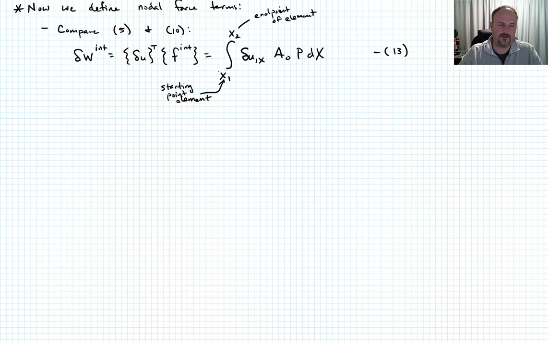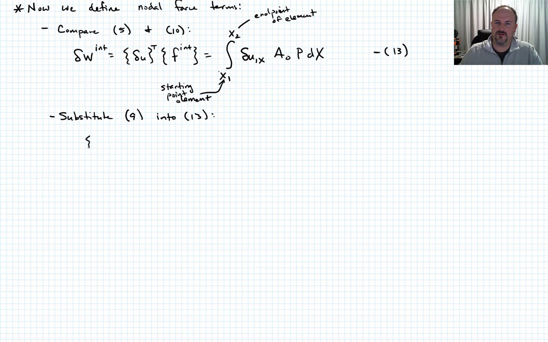So now I substitute 9 into 13. And all I'm doing is taking my approximate solution for the virtual displacement and substituting that in there now.